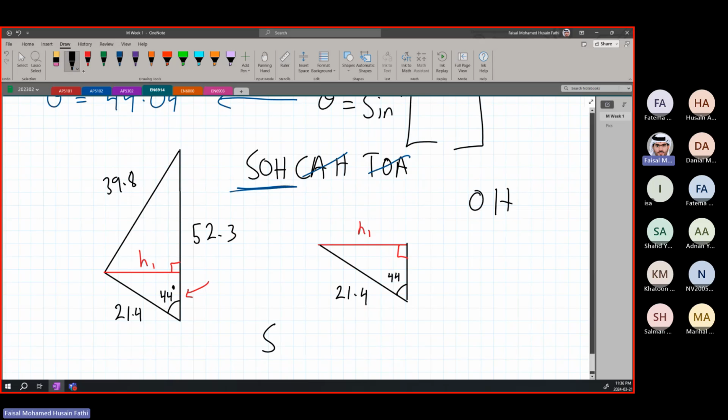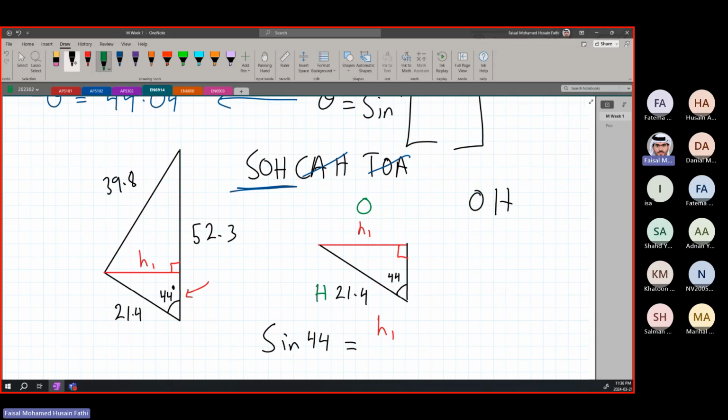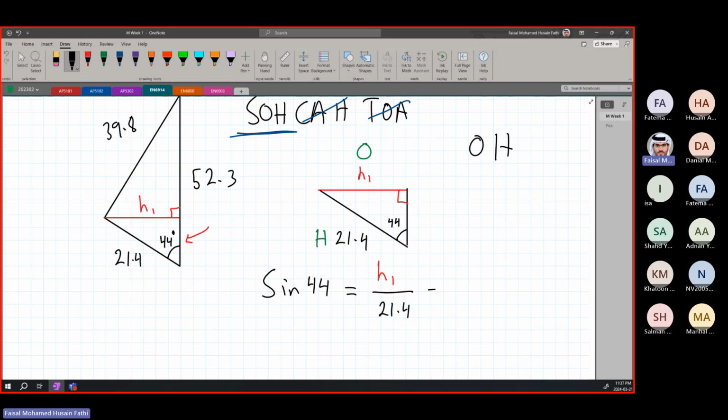So sine of theta, which is 44, is equal to opposite over hypotenuse. What's the opposite? It's H1, which we need to find. This is the opposite, this is the hypotenuse, divided by, what's the hypotenuse? 21.4. If we rearrange this, we could just take the 21.4 to the other side.